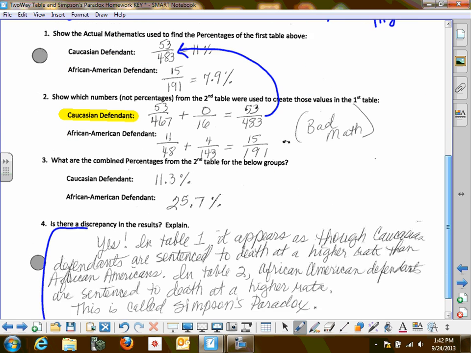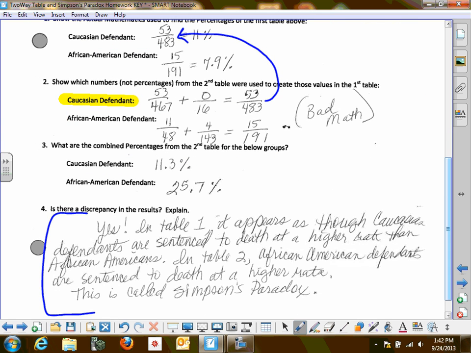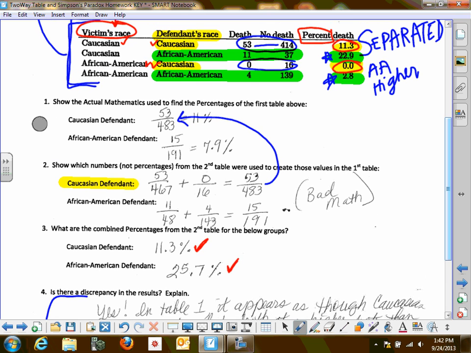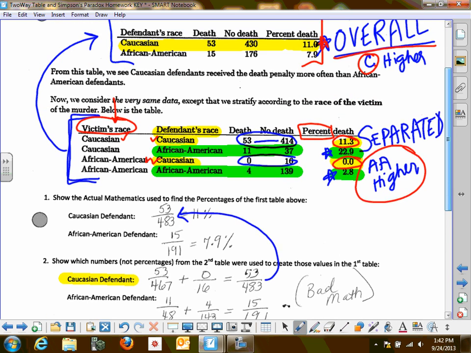So then that's what happens: when we added the Caucasian percents together, we got 11.3%. And when we added the African American percents together, we got 25.7. So therefore, in actuality, what happened? It's showing that the African Americans are being sentenced to death at a higher rate. Okay? Which one is correct in these two cases? Which one's correct?